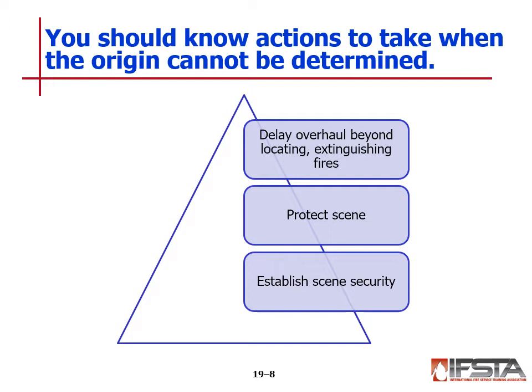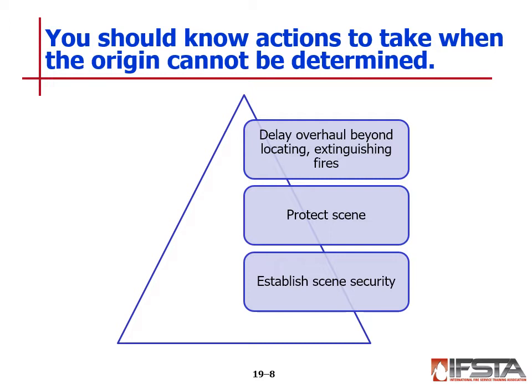In this case, where we don't know where the origin is, we want to delay that overhaul to protect whatever evidence we have. We want to protect the scene and make sure people aren't going through. We don't want a parade going through looking at stuff, and we want to make sure that we establish scene security.